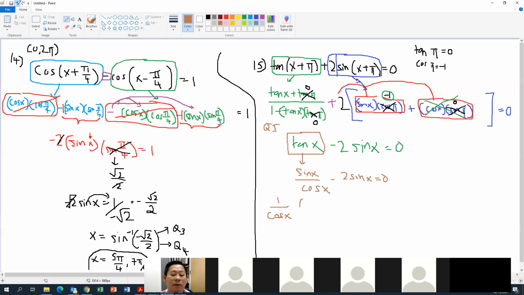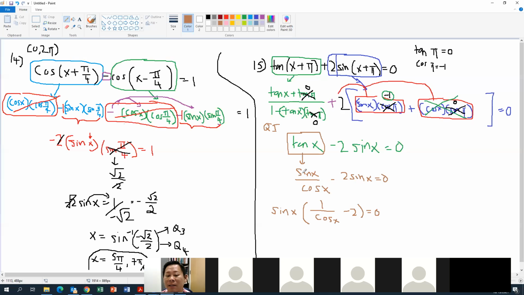Now we will factor the 1 over cosine x out. Sorry, not that one. My bad. We'll factor the sine x out because sine x is in common. Once you factor sine x out, you will get sine x times (1 over cosine x -2).